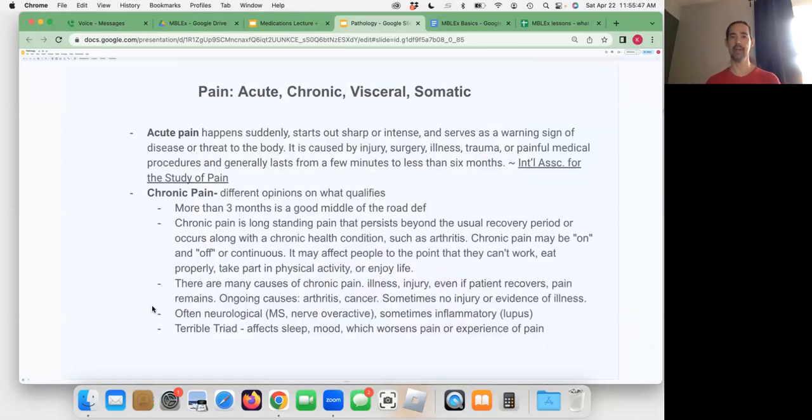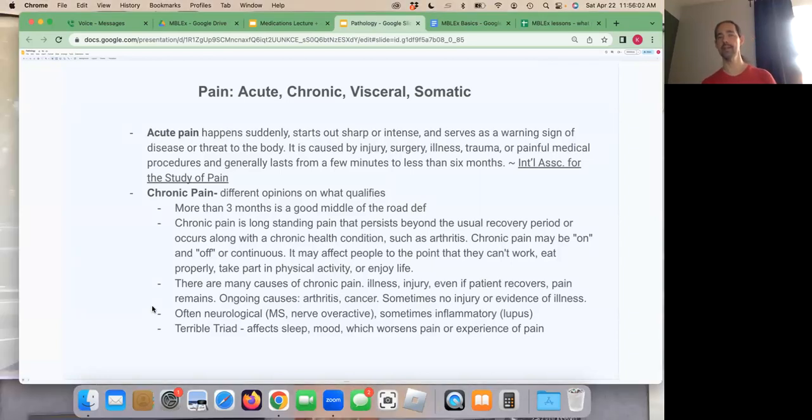Acute pain happens suddenly, starts out sharp or intense, and serves as a warning sign of disease or threat to the body. It can be caused by injuries, surgeries, illnesses, trauma, or painful medical procedures. It generally lasts from a few minutes to less than 6 months.